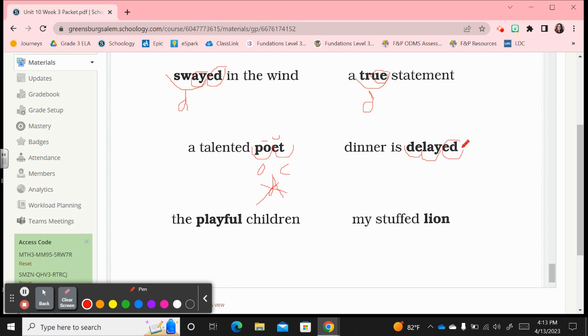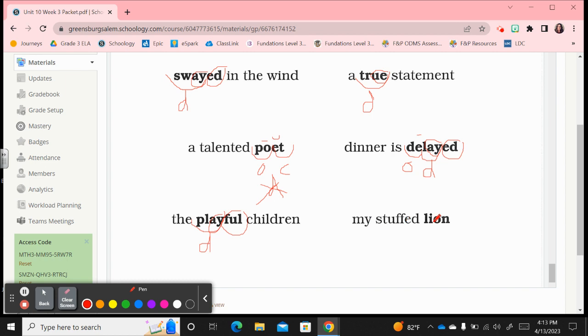Circle the suffix ed. Di is long, open. AY is your AY play A. That's your double vowel there. Okay. The playful children. Play is our base word. Ful is our suffix. AY play A is our double vowel.